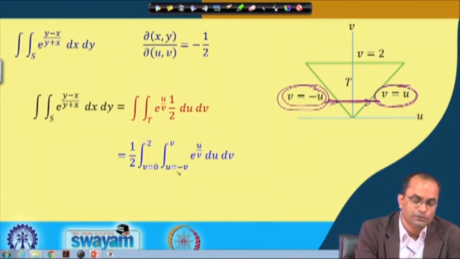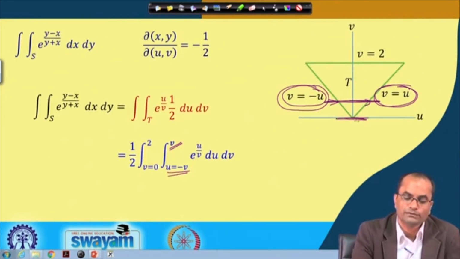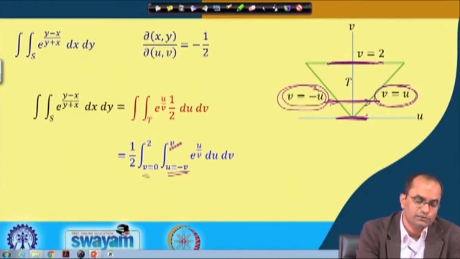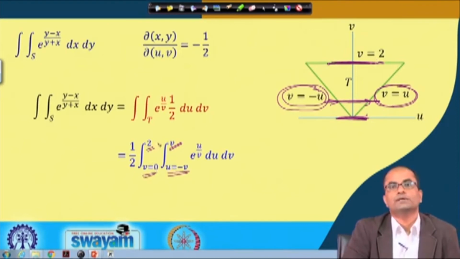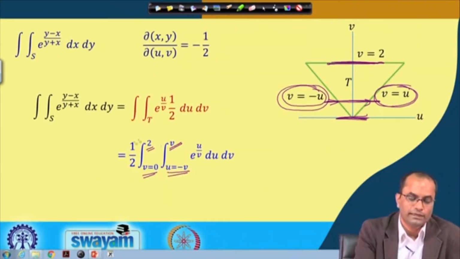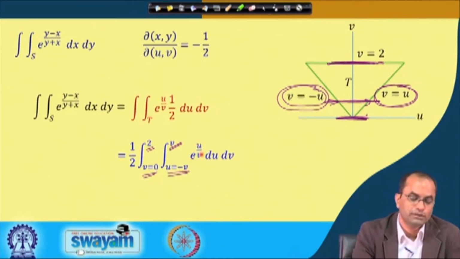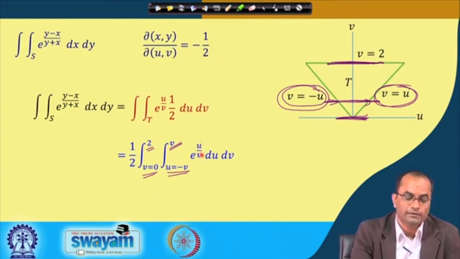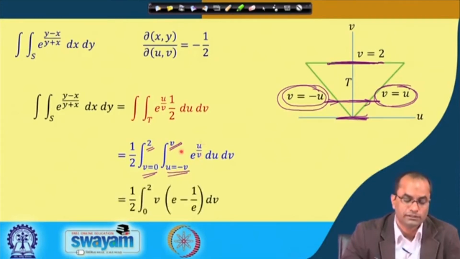So, we have u is equal to minus v and u is equal to v, and now such lines are moving from v is equal to 0 to v is equal to 2. So, v is equal to 0 to v is equal to 2, that is the simple limits for this new domain, and now we can easily integrate this e power u over v with respect to u. So, this will give e power u by v, with one v sitting in the numerator.